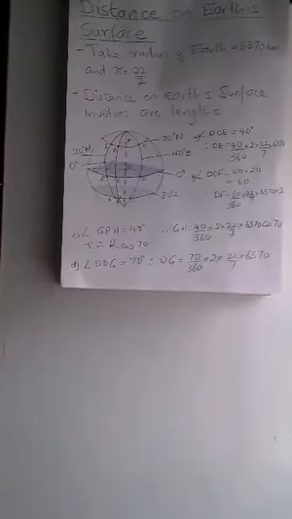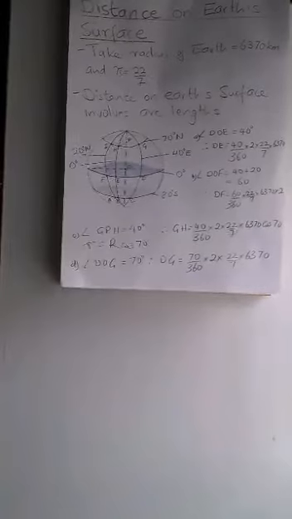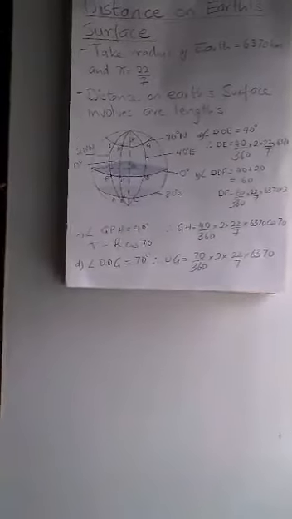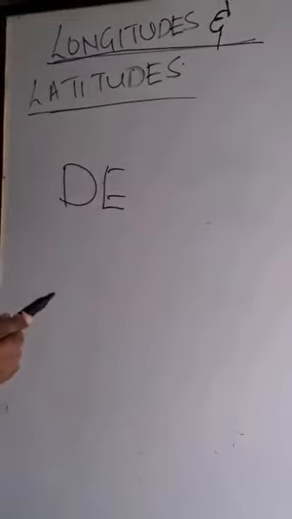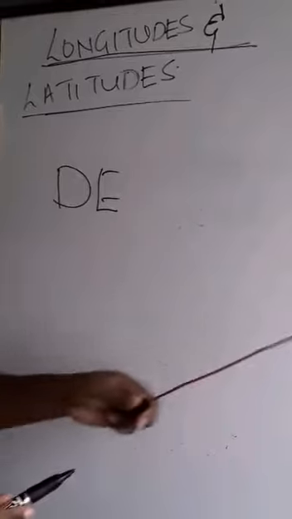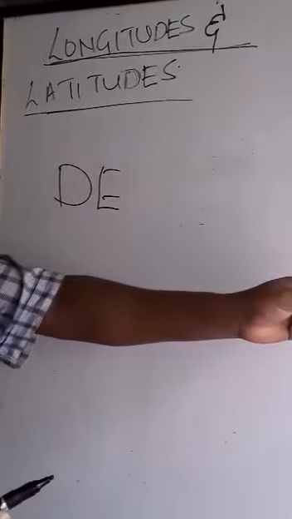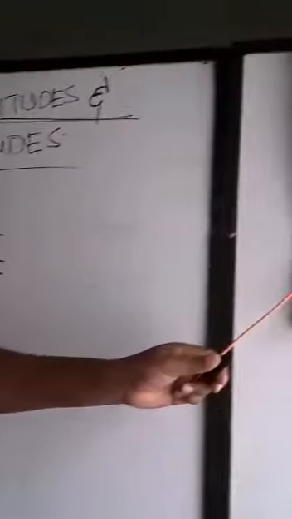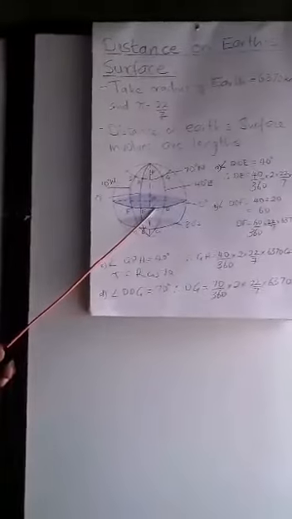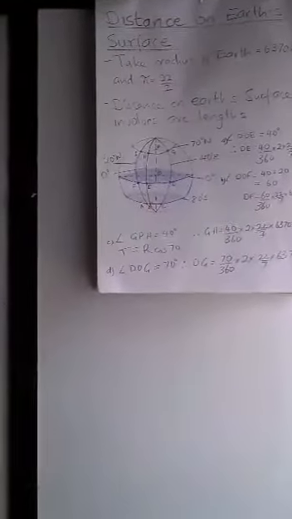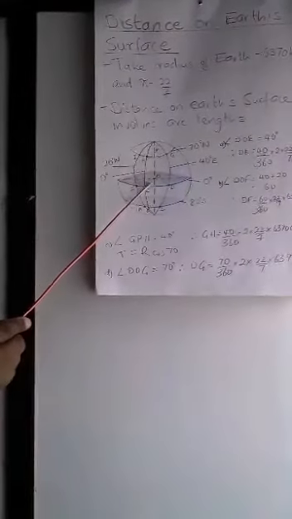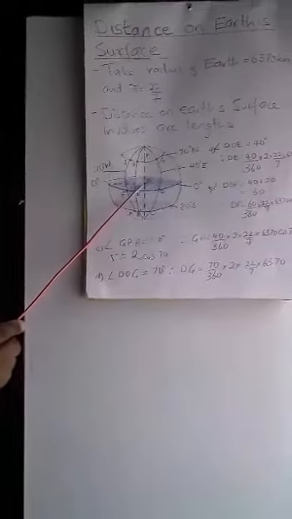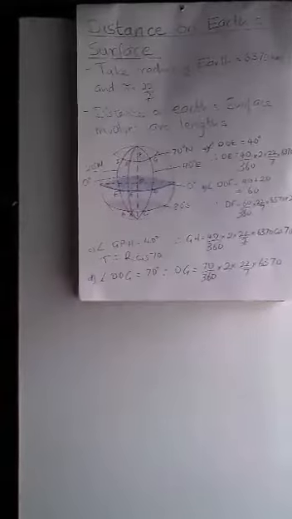Let's now consider arc length DE. Arc length DE subtends an angle of 40 degrees because it lies on the 40 degrees east from the prime meridian. This is what we mean by 40 degrees.